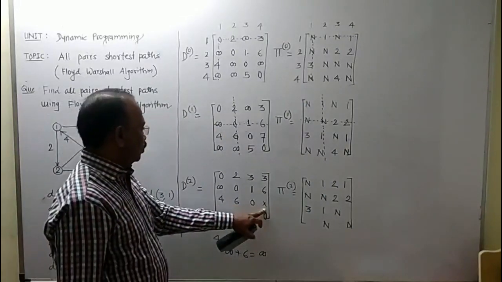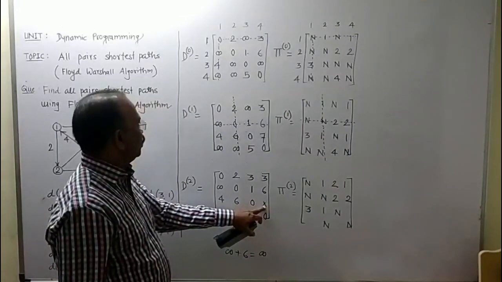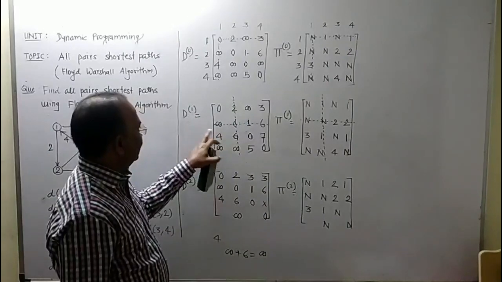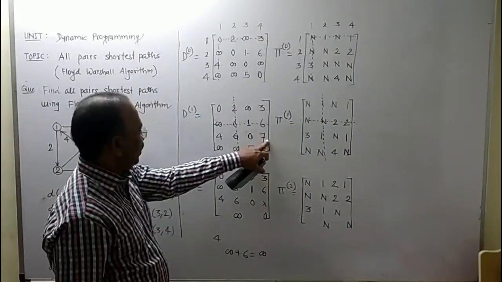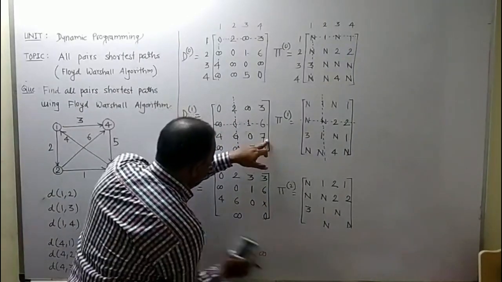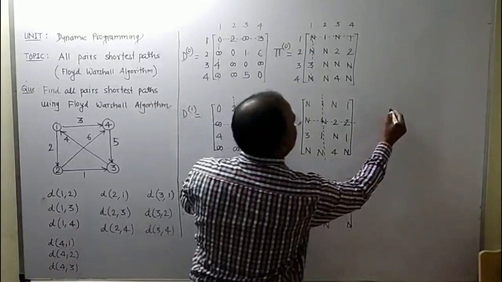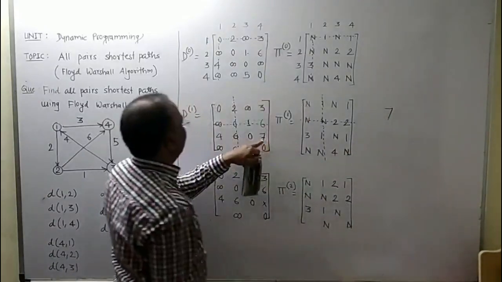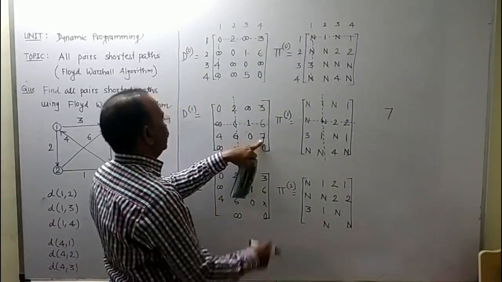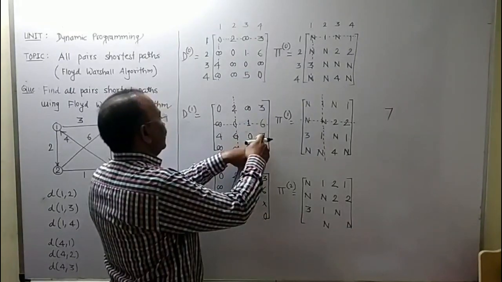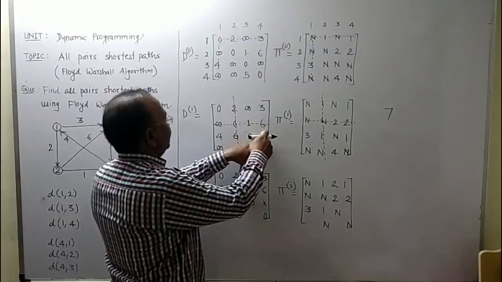Okay. So track this position in D1, that is 7. So write the first value, that is 7. Then find out the second value, just traveling vertically and horizontally.